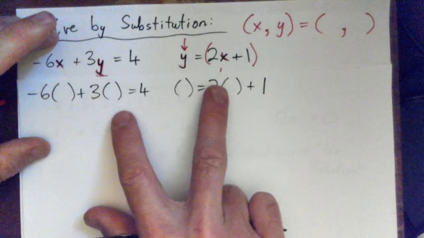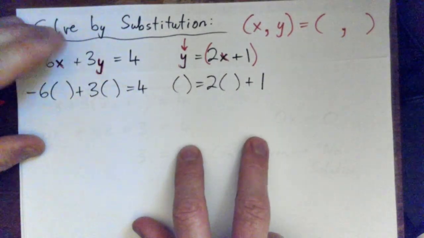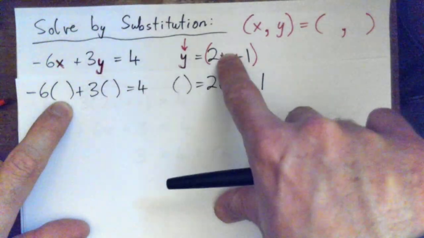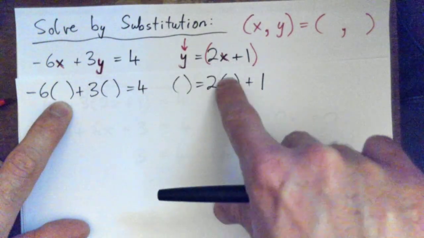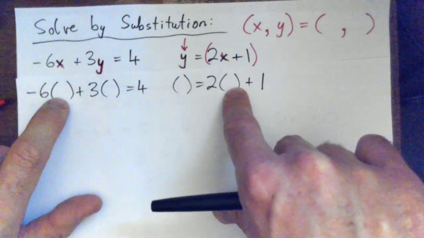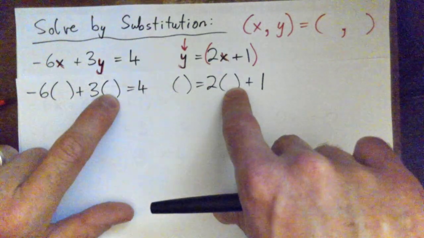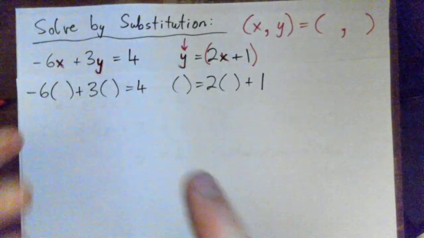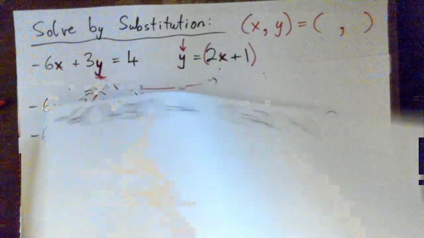Remember, you can't just plug in whatever you want. The 2 times x here has to be the same as your negative 6 times x here. And the 3 times y has to be the same as the y equals. So you won't be able to find any two numbers that work. And here's why.